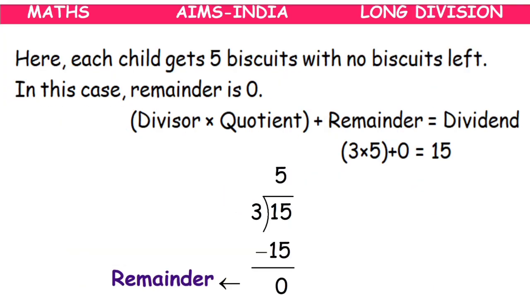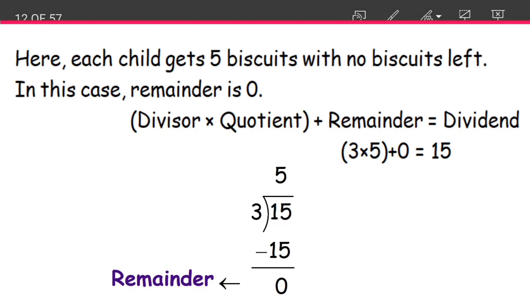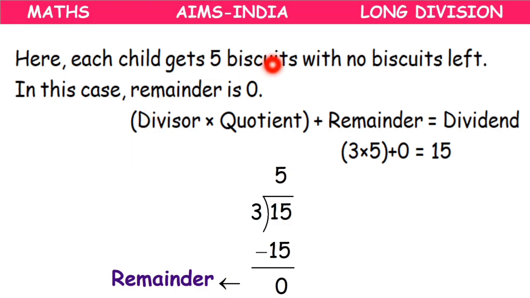Okay. Now coming to case 2. Here each child gets 5 biscuits with no biscuits left. In this case, remainder is 0. Now what is remainder? Remainder means the number that is remaining. In some cases we cannot divide the given objects equally among the given people. Yes, children, it happens with us also, right?